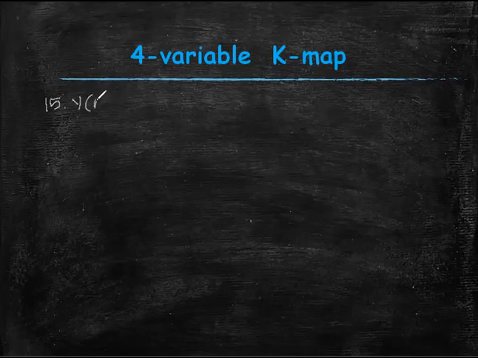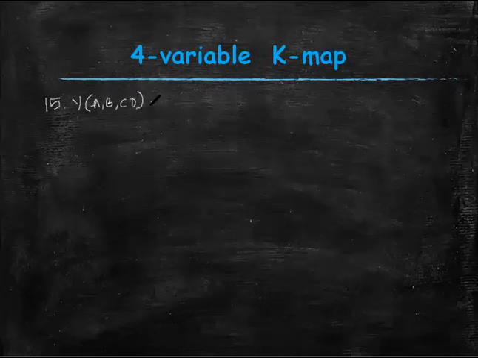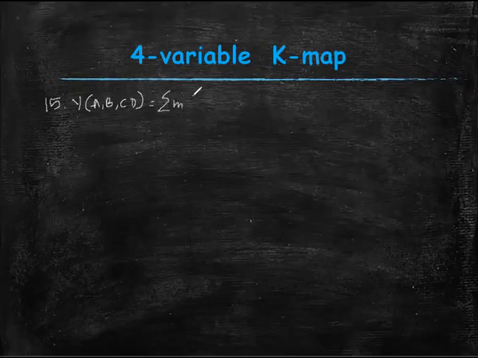Y of A, B, C, D is equal to sum M of 1, 4, 6, 9, 10, 11, 14, and 15.